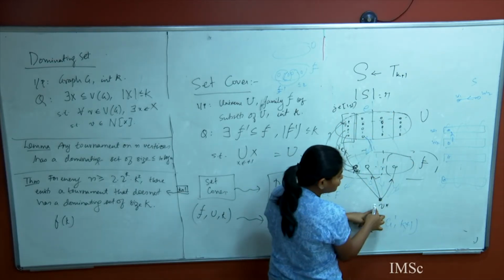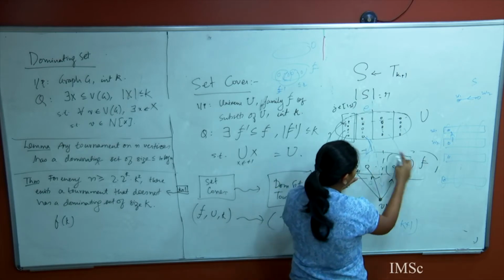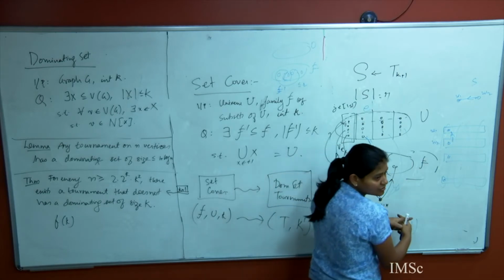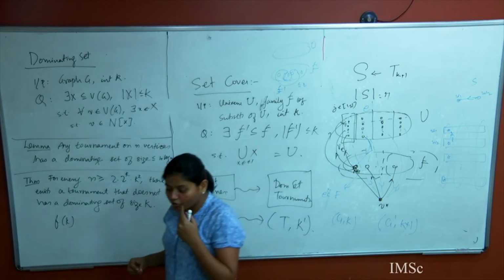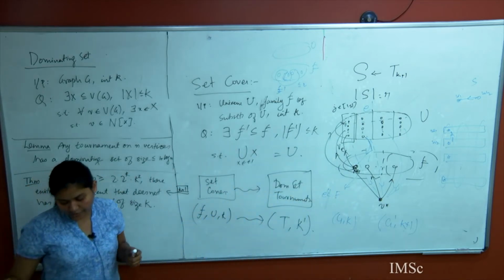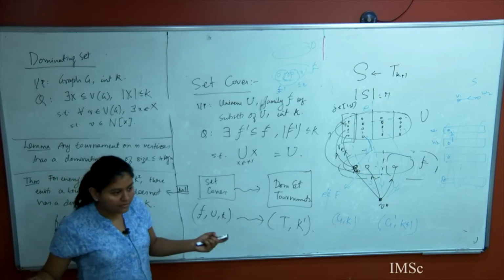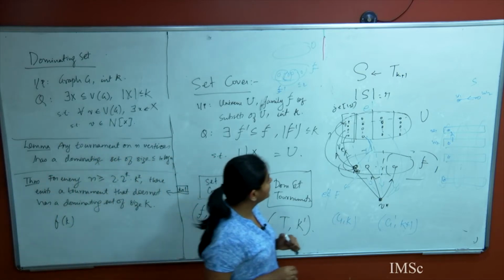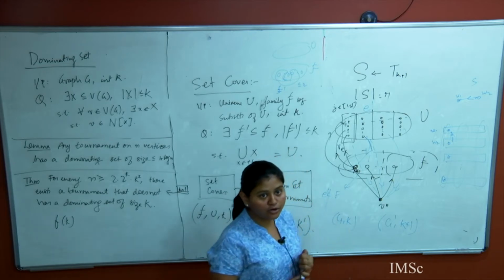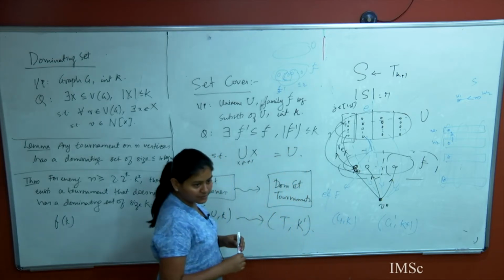Now I also add V star, and so everything is dominated. So I have obtained a dominating set of size k plus 1 in our tournament. Now we want to see the reverse direction.